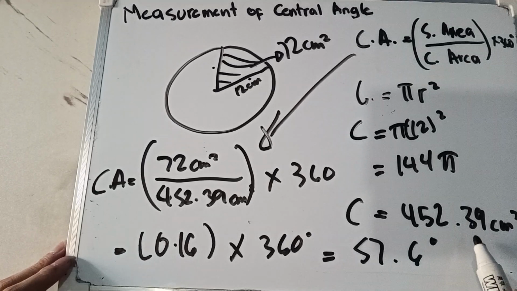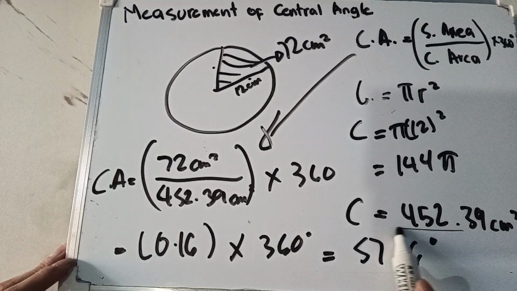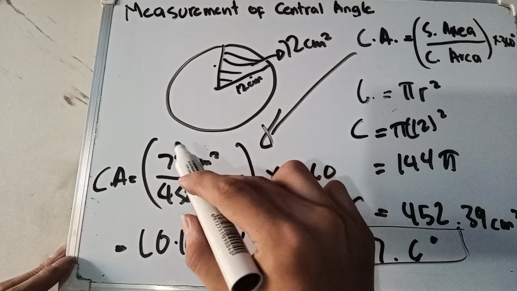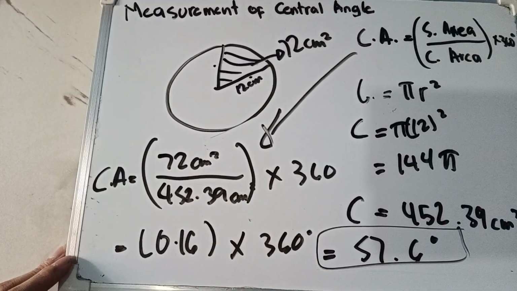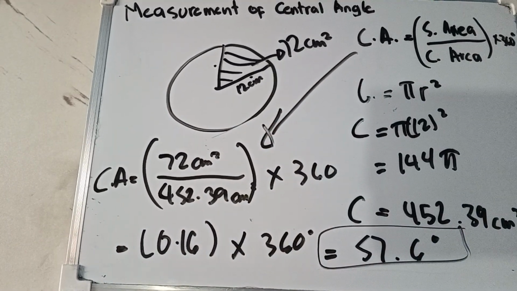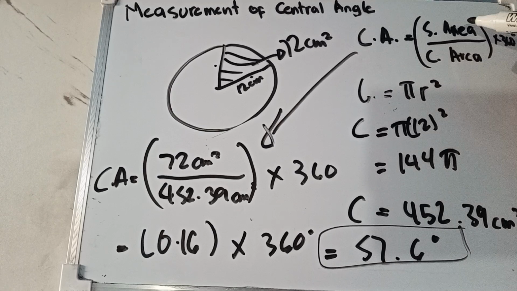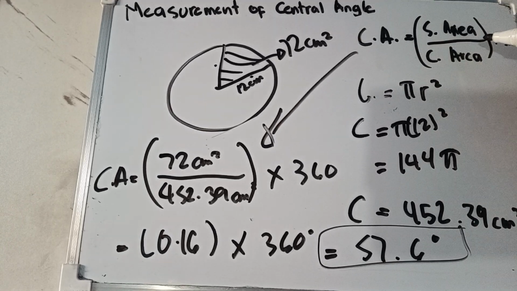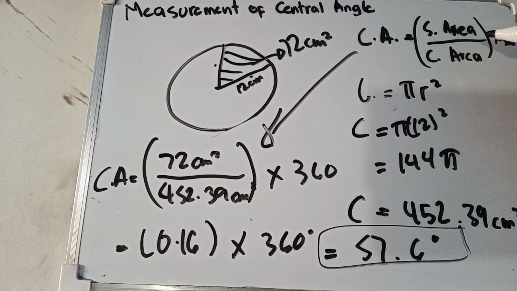So this is the central angle of this specific circle given the sector area. Again, this is the formula used for central angle if you are given the sector area.